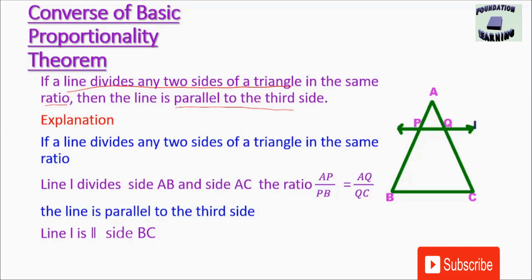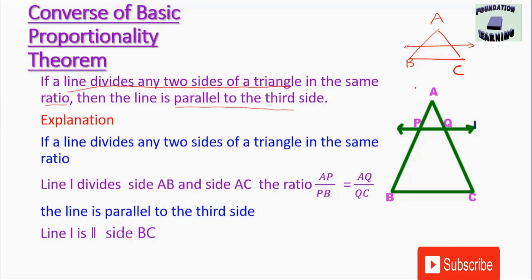So what is the converse of the basic proportionality theorem? If a line divides any two sides of a triangle. Now here the triangle is ABC. There is a line L which divides the sides.